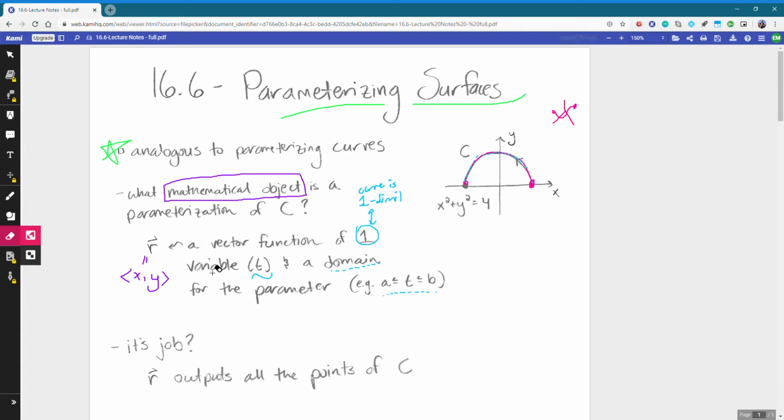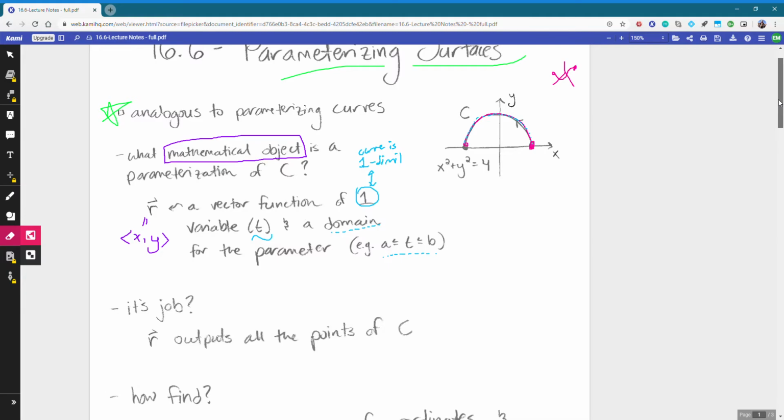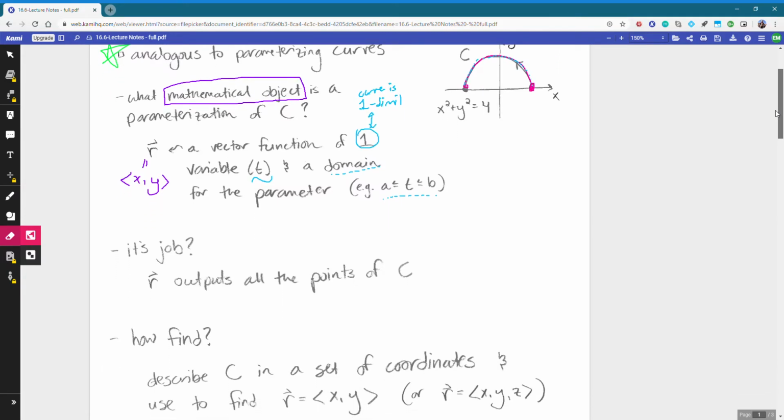All right, so that's what a parameterization is and what its job is. How do we actually find a parameterization? Well, the way that we've been thinking about this is that we want to describe our curve in a chosen set of coordinates. And once we have that description, we can use that to find the x and y coordinates, or the x, y, z coordinates if our curve is in 3-space.